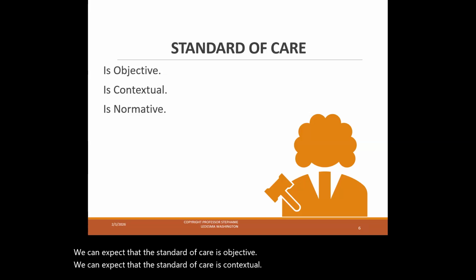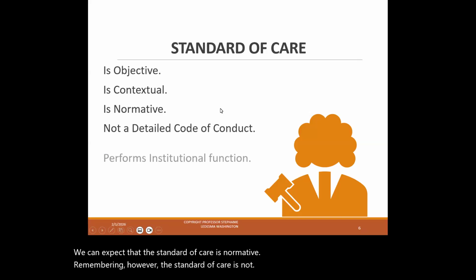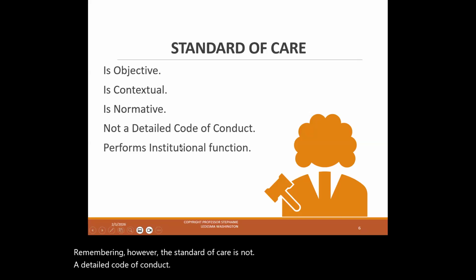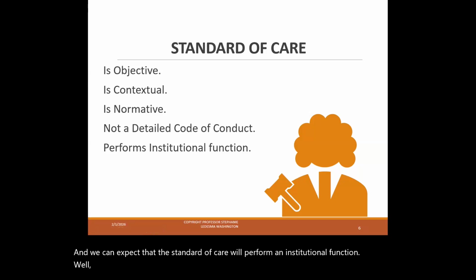We can expect that the standard of care is normative. Remembering, however, the standard of care is not a detailed code of conduct. And we can expect that the standard of care will perform an institutional function. Well, let's take a moment and look at each of these expectations individually.